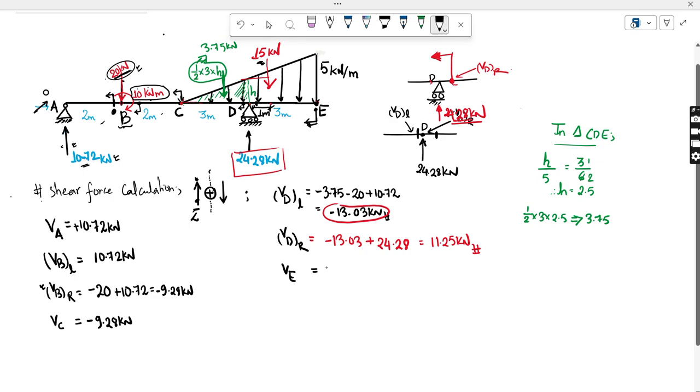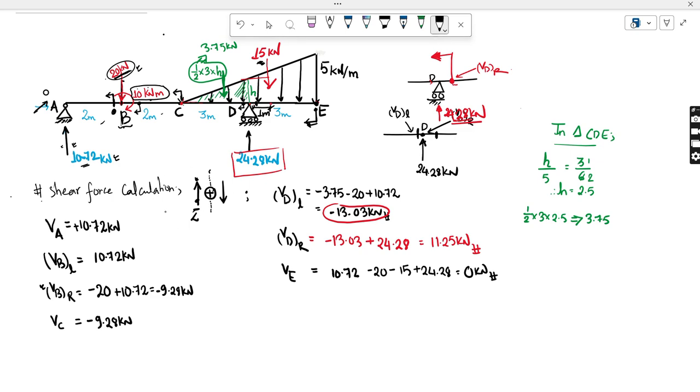This will always be 0 for this part, but to check, you have to consider all of the section towards the left, and it will obviously always come out as 0. If you want to check, you can do 10.72 positive, minus 20, minus 15, plus 24.28. We already did that, and it came out as 0. So the last point will always be 0.